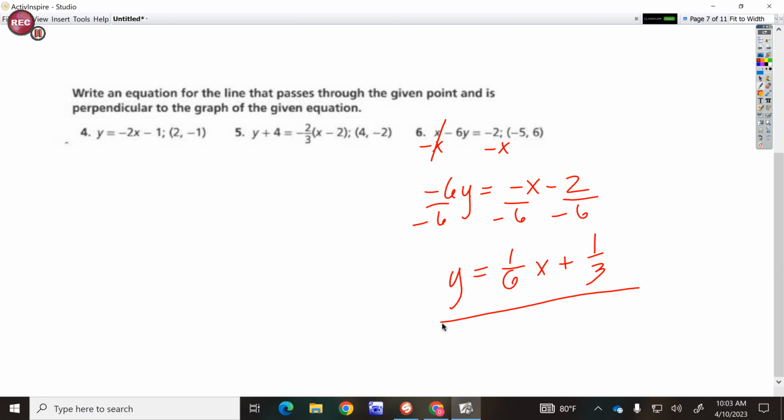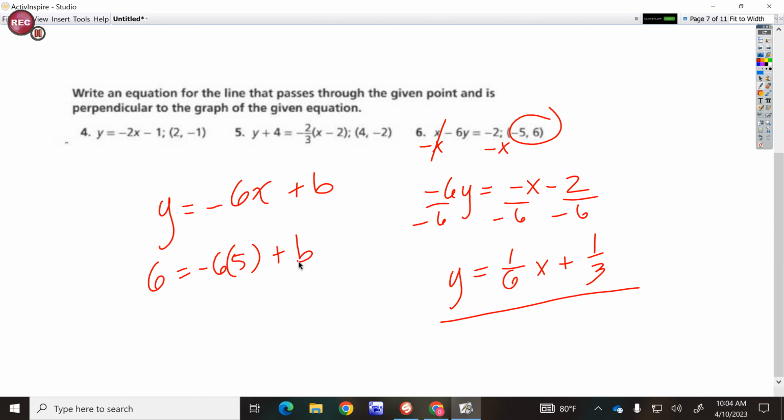Okay, hold it. Now we write what? Almost. We write y equals negative 6x, and what at the end? Plus b. Now plug in your values right here. 6 would be the y. x is negative 5.